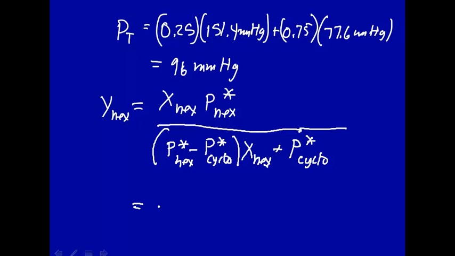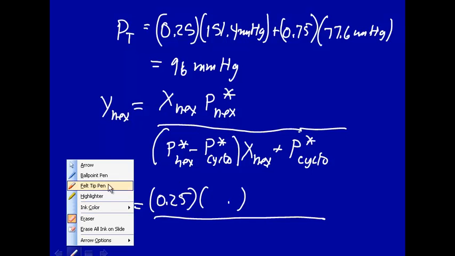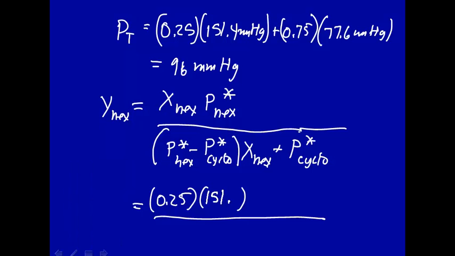Put those numbers in. The mole fraction of hexane was 0.25. Vapor pressure of pure hexane, I'll omit the units, sorry, it wasn't 115, it's 151.4, over the difference in vapor pressure, 151.4 minus 77.6, times the mole fraction of hexane, 0.25, plus the vapor pressure of pure cyclohexane, 77.6.